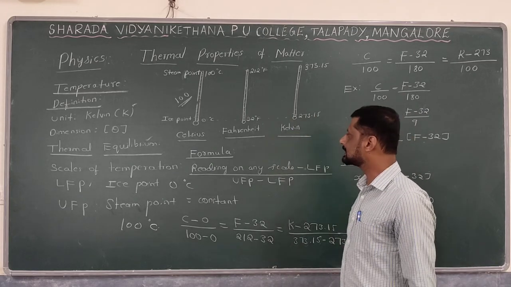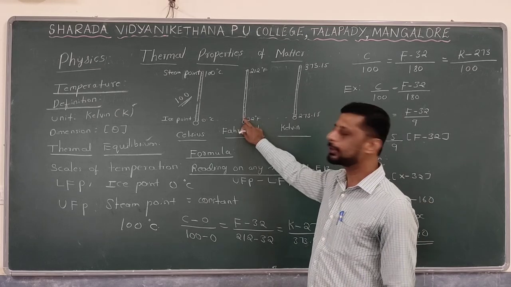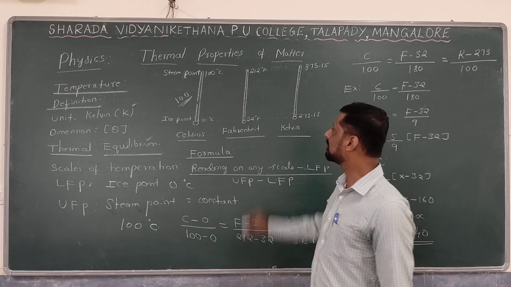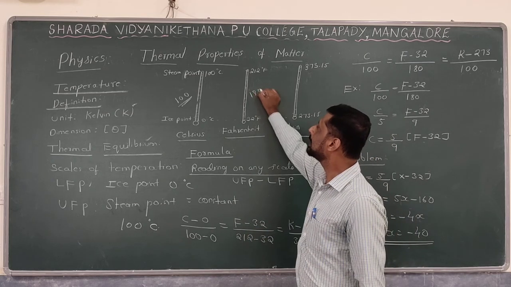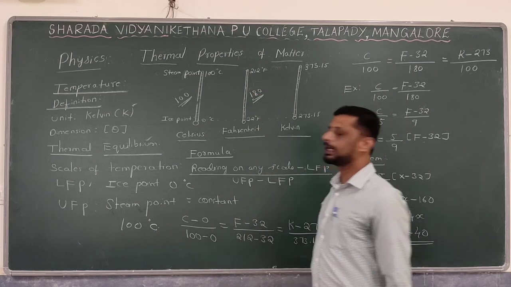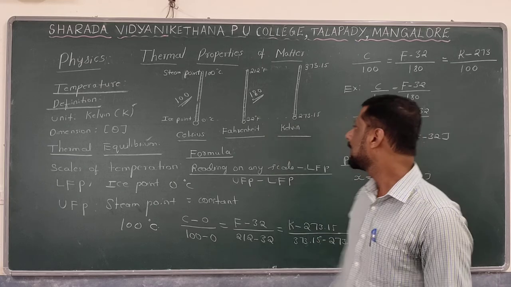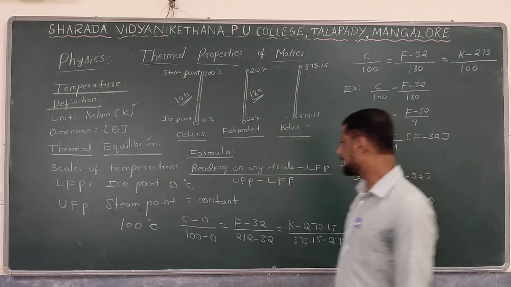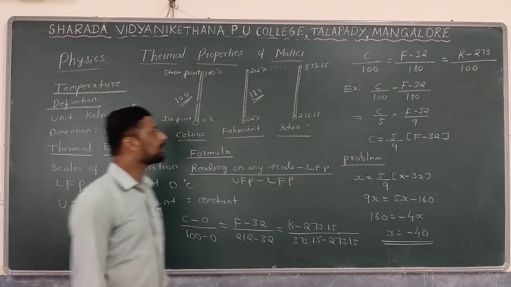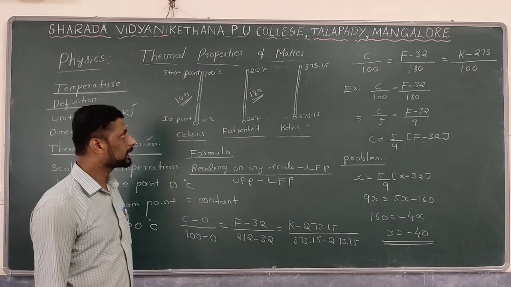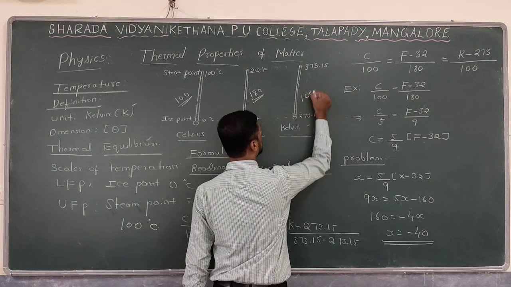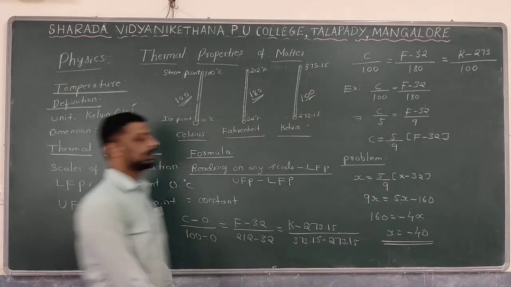In the Fahrenheit scale, the lower fixed point is 32 degrees Fahrenheit and the upper fixed point is 212 degrees Fahrenheit. In this case, there are 180 divisions. The third type is the Kelvin scale, where the lower fixed point is 273.15 and the upper fixed point is 373.15. Between these two fixed points, there are 100 divisions.